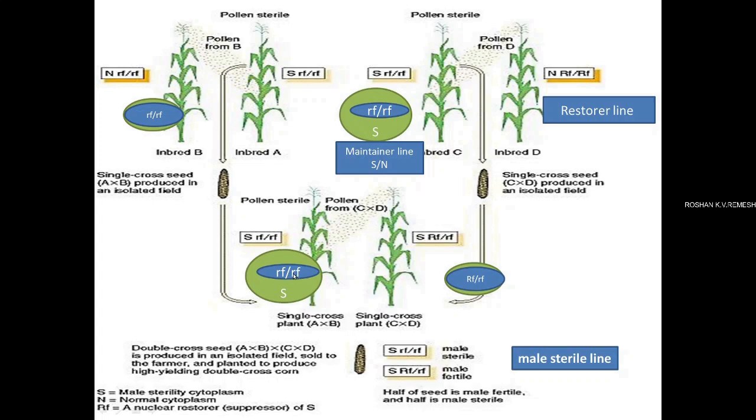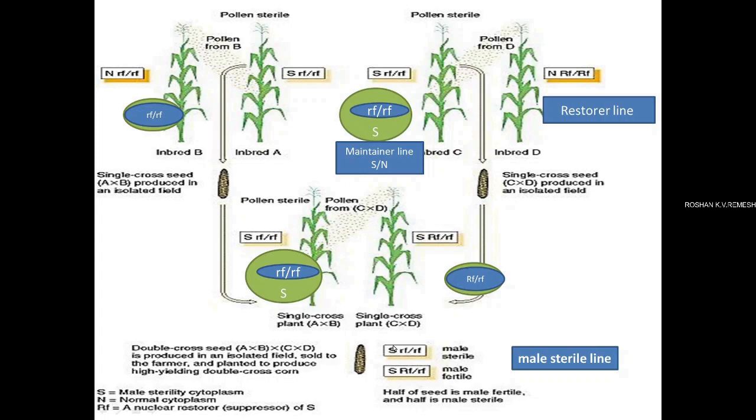Again, small rf with capital RF forms a heterozygous progeny, and then small rf with small rf. That means half of the progeny have a homozygous recessive genetic constitution, and the remaining half have a heterozygous constitution for that RF gene. But all of the cytoplasmic content is sterile.